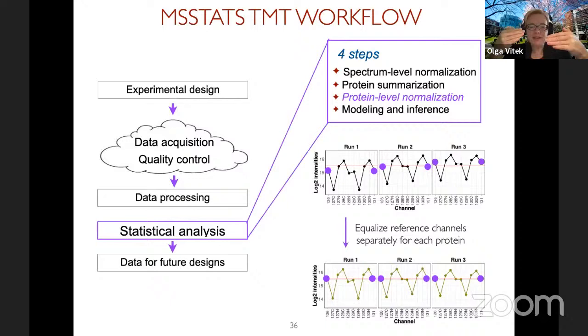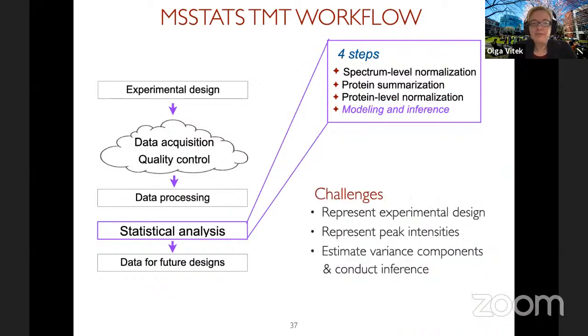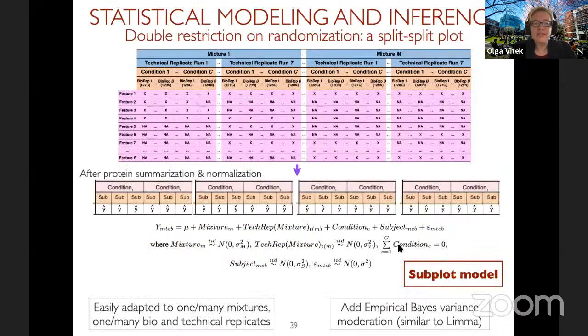And so the reference channel helps us shift the intensities between the runs, which essentially accounts for that. And this will allow us to integrate measurements from the reporter ion channels in run 1 together with reporter ion channels in run 2 and so on. And then we can put them all together in this type of statistical model.